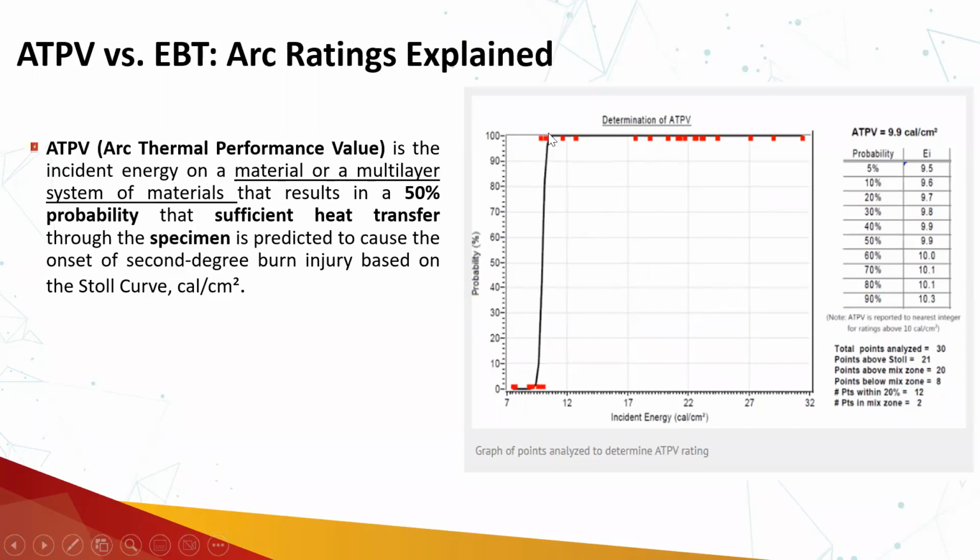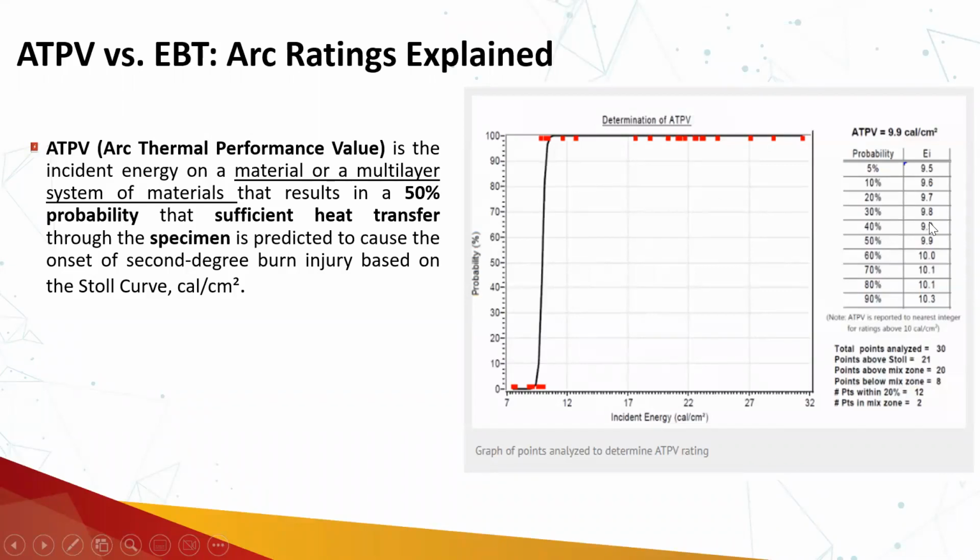At a certain data point, it became evident that when the incident energy was increased to 9.9 cals per centimeter square, enough heat starts to transfer that may cause second degree burn.